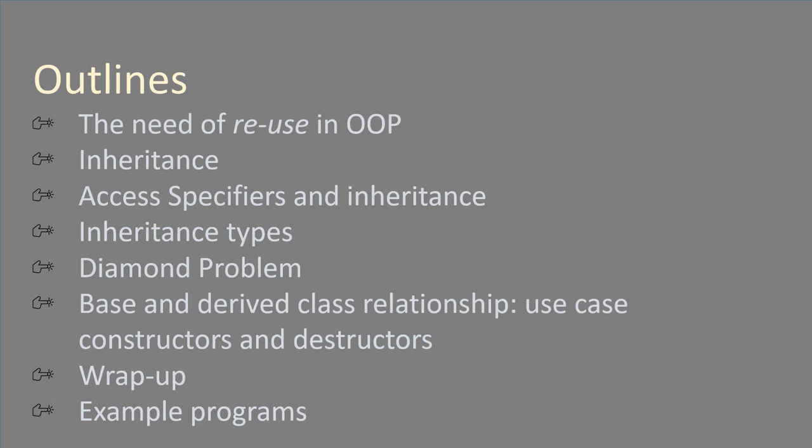In this class we'll discuss the reusability feature provided by object-oriented programming languages, inheritance, what it is and why we need it, access specifiers, the different types of inheritance, the diamond problem, the concept of base and derived class relationship, and how constructors and destructors are dealt with when using inheritance.